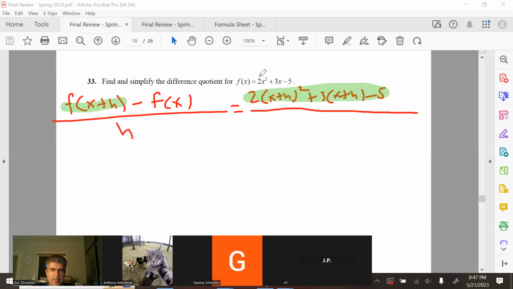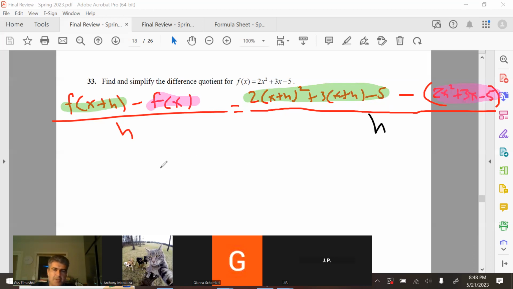And then minus f of x, which I'm going to put in parentheses just to protect it: 2x squared plus 3x minus 5. That's all this right here. And of course, divided by h.